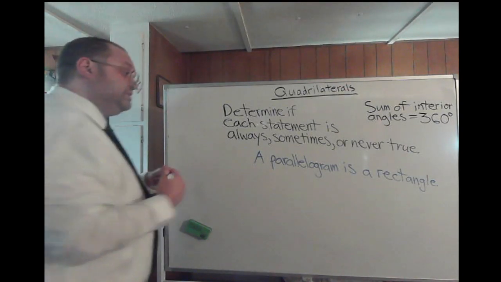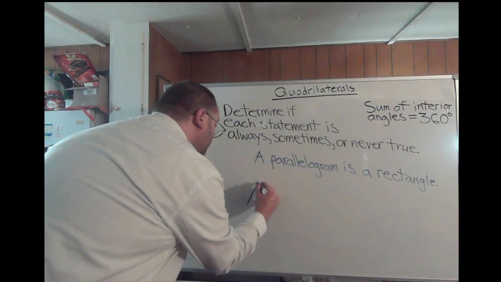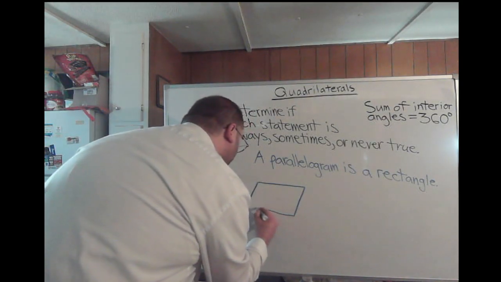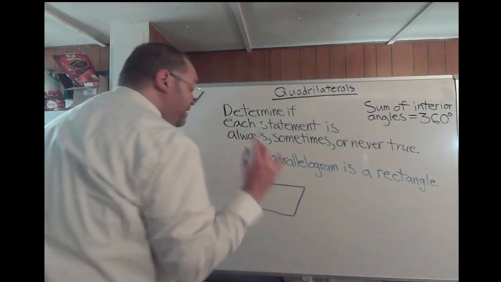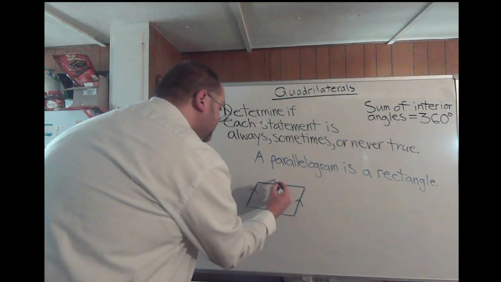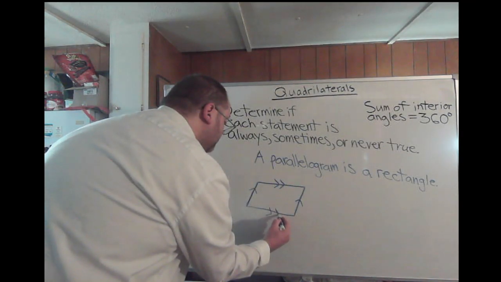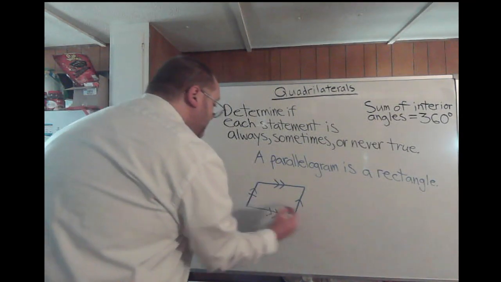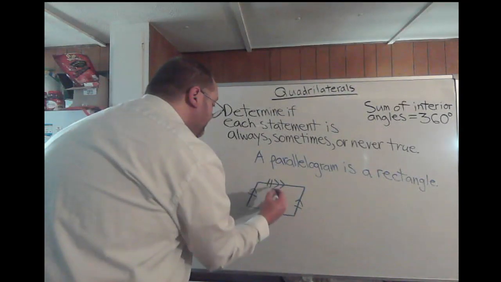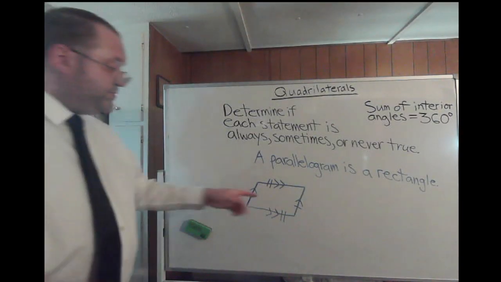Well, let's do a drawing here to help determine the answer. Let's draw ourselves a parallelogram. Both pairs of opposite sides are parallel. That much is absolutely true. Both pairs of opposite sides are congruent. Okay. There's your parallelogram.